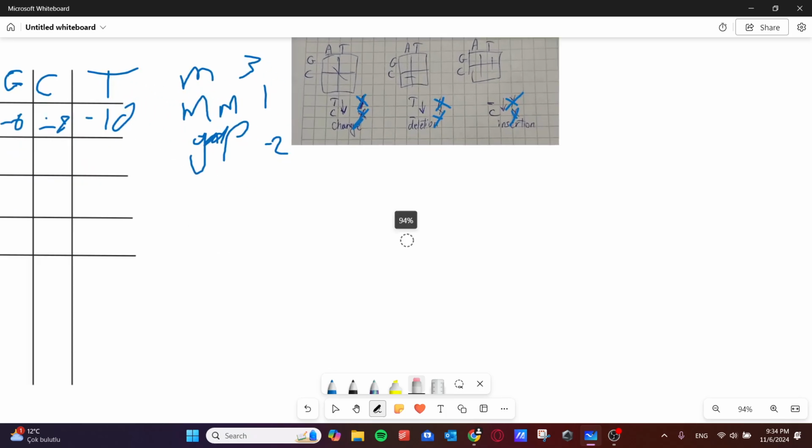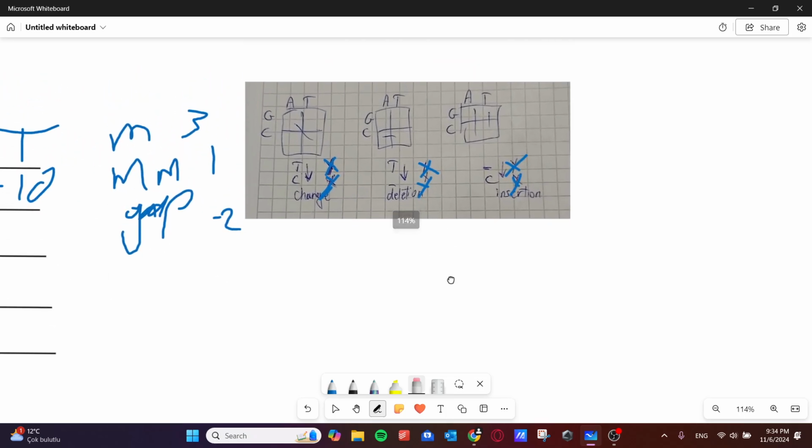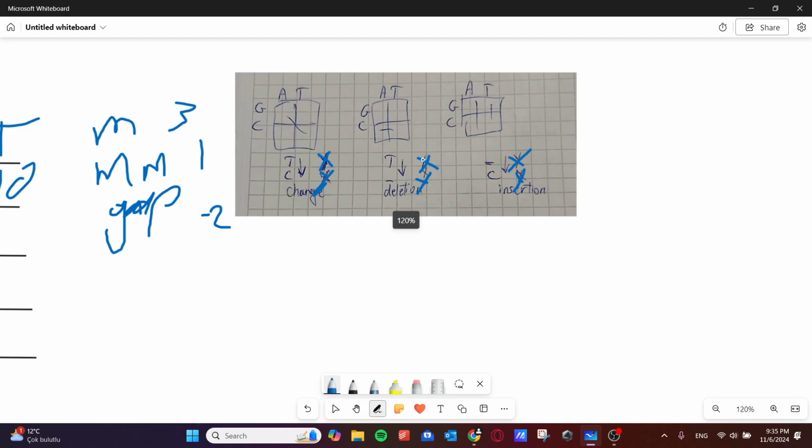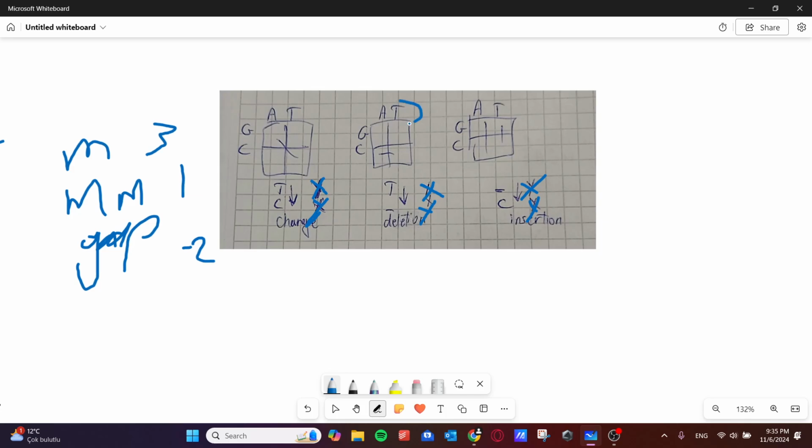Okay, so here we have a rule. When it's diagonal, we always put the x and the y. When it's horizontal, let's say, we take the x and we put a gap in the y.